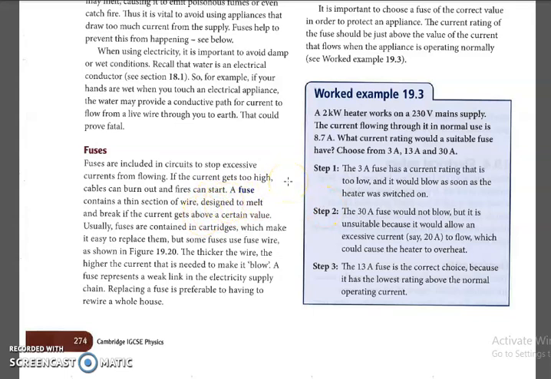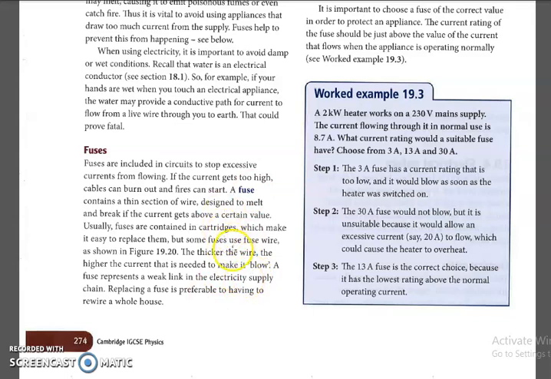A fuse contains a thin section of wire designed to break if the current goes above a certain value. We fix that only this much current passes through the circuit. If the current flows above this limit, the circuit breaks and no more current passes through it.